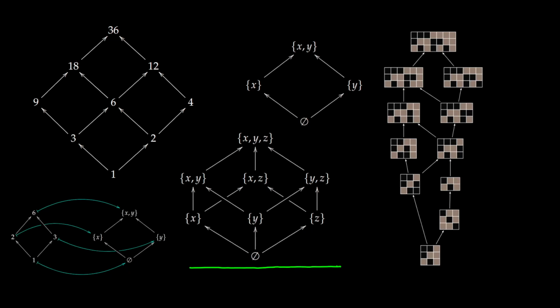If you have 3 different elements, x, y, z, you can form 8 different subsets from it, and how they are all included in each other forms a nice cube. And there are other kinds of partial order relations, and this picture gives you another kind of example, which comes from logic.